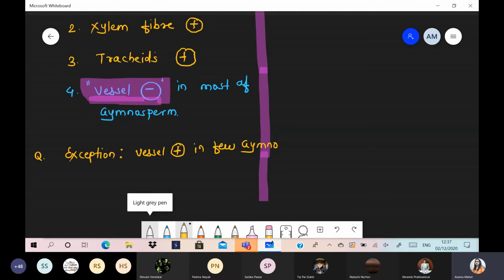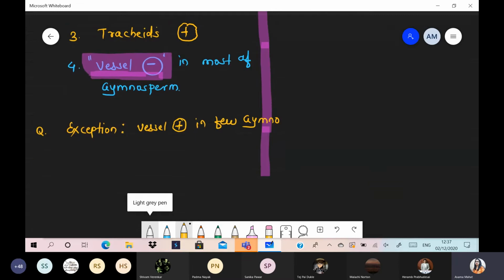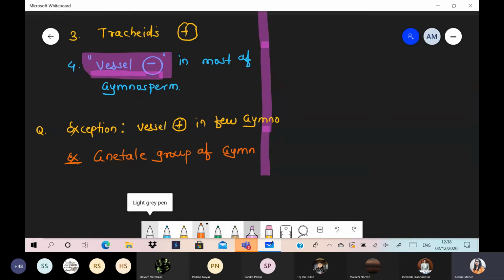Exception case means that in a few gymnosperms vessels are also present, and now we are taking examples, and these examples belong to one specific group of gymnosperms, that is the Gnetales group.